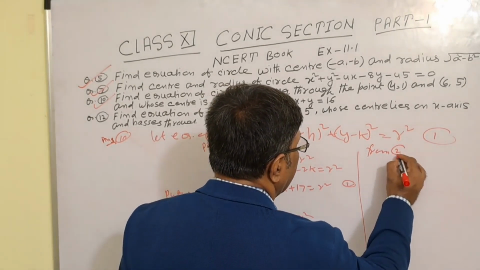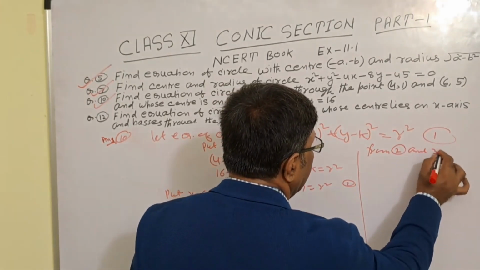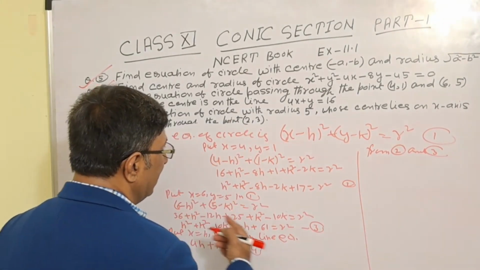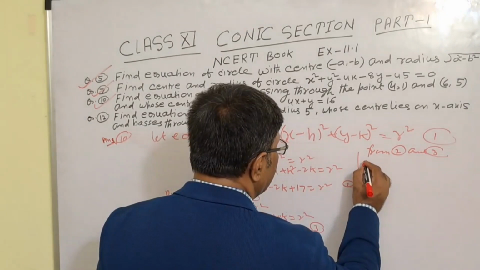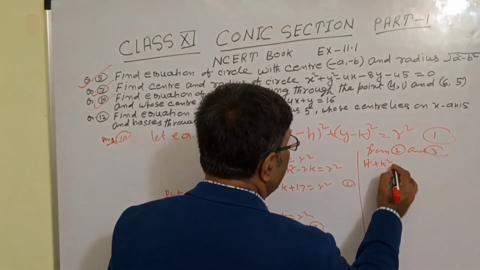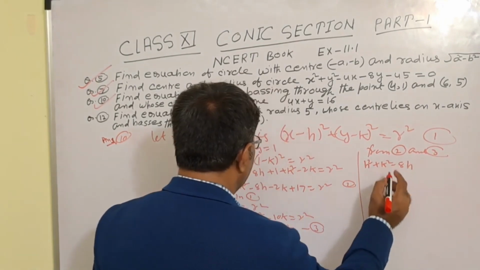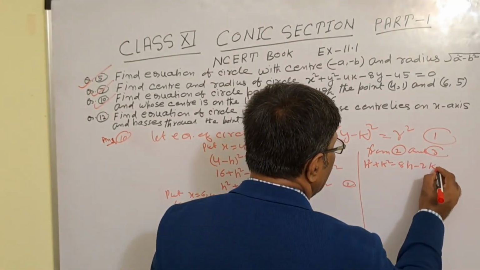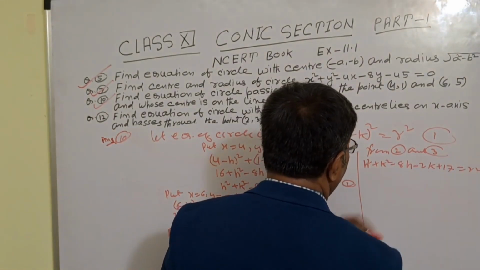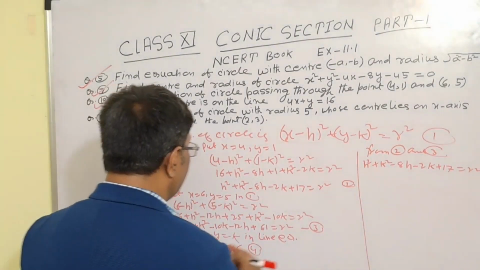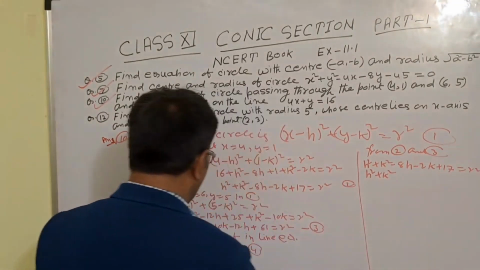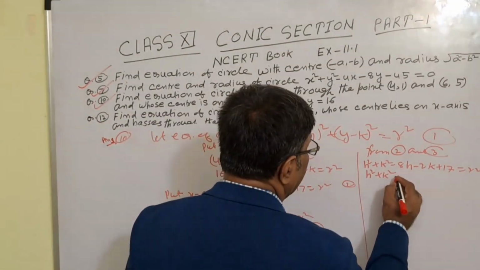From second and third, the second equation is h square plus k square minus 8h minus 2k plus 17 equals r square. Now what is the third equation? H square plus k square minus 10k.